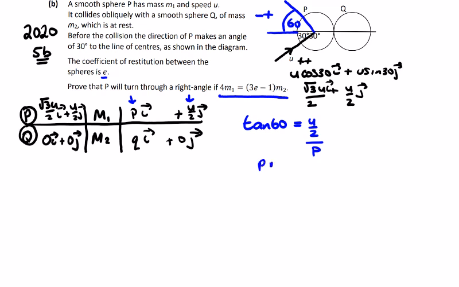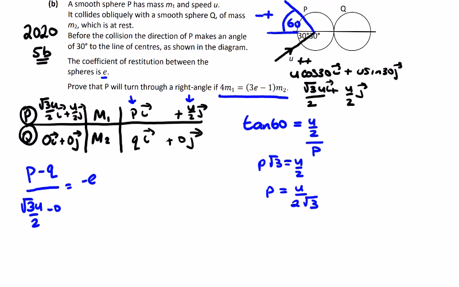So we have P times root 3 is equal to U over 2, so P is equal to U over 2 root 3. We apply our formulas. We're going to get P minus Q over root 3 U over 2 minus 0 equals minus e. So multiplying across, we get 2P minus 2Q is equal to minus root 3 Ue.